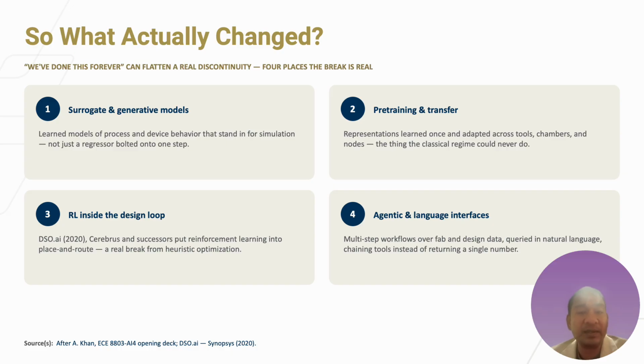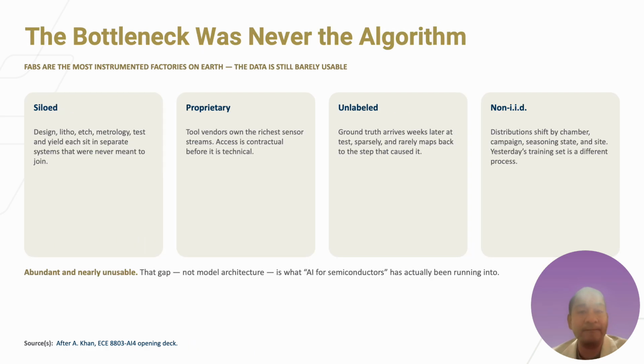Third, reinforcement learning inside chip design, where tools like Synopsys DSO.ai now do chip layout in ways that break from hand-tuned rules. And fourth, agentic and language interfaces, systems that chain multiple steps together and let you ask questions of fab data in plain English. These are capabilities that let modern AI build on itself where the old approach could not.